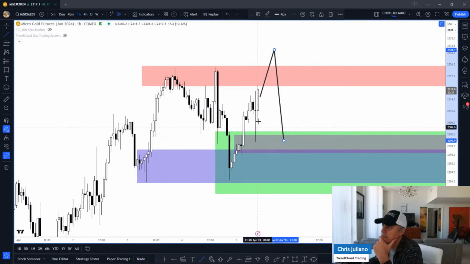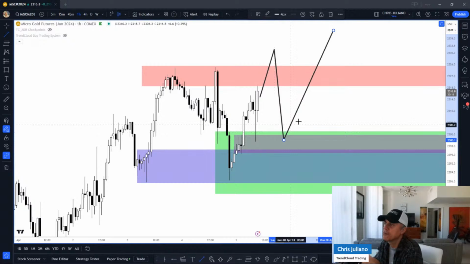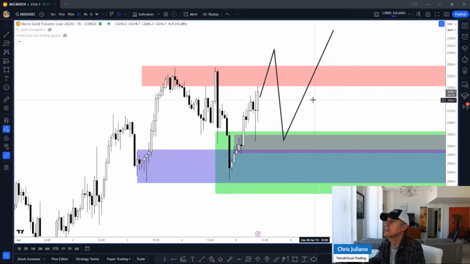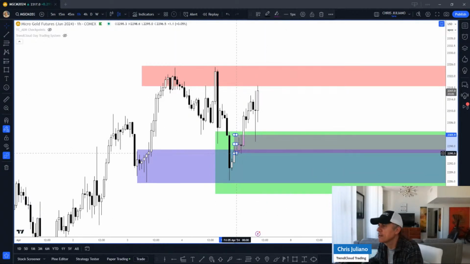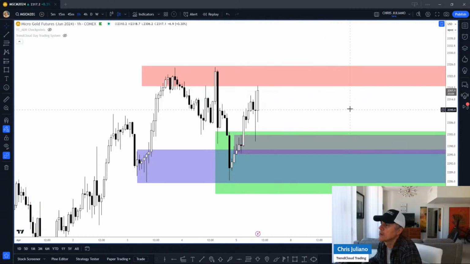That's where a lot of indecision came into play. We've got to make a decision, right? We know that's how price moves. That's how price likes to move. We'll leave that on there because that's actually what happened. Right, there you go.